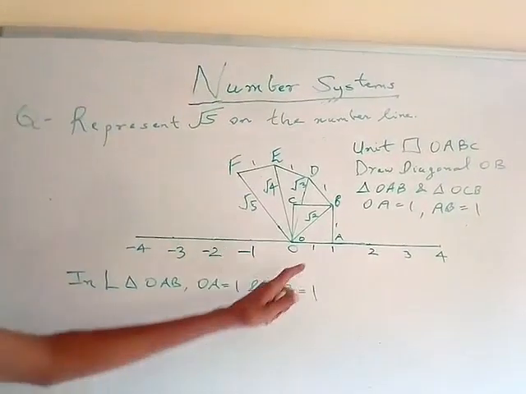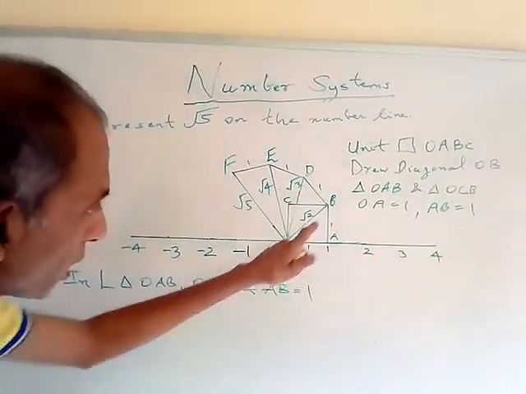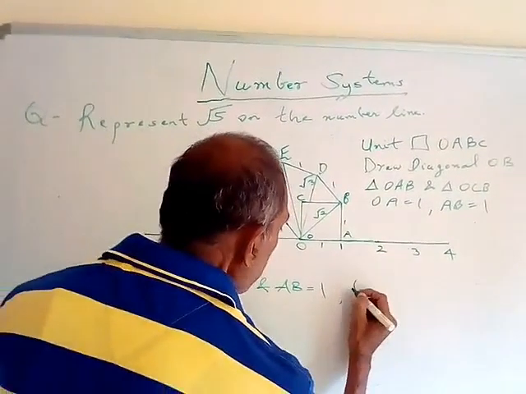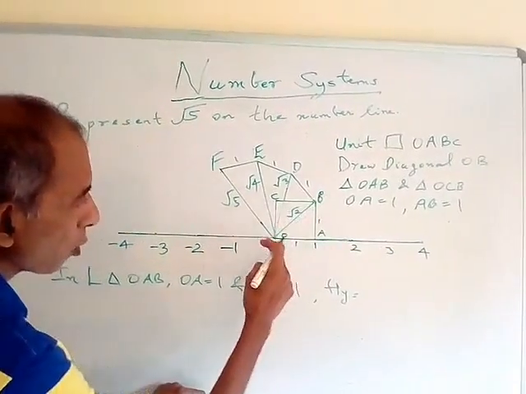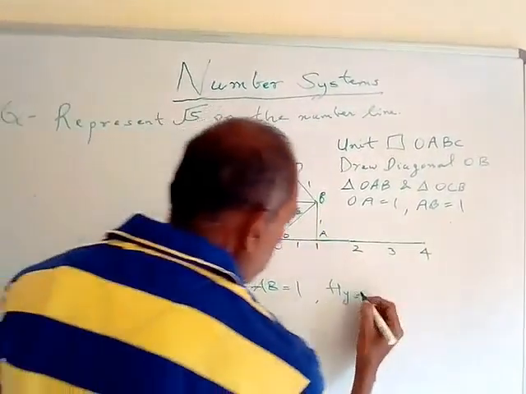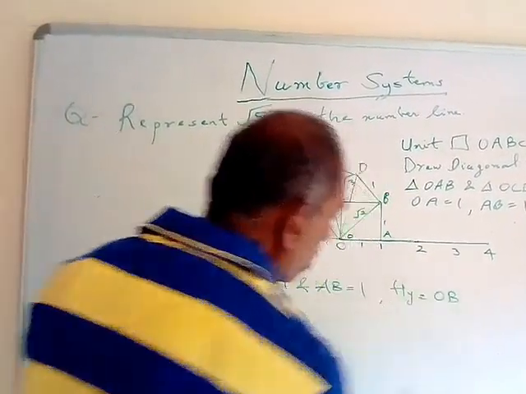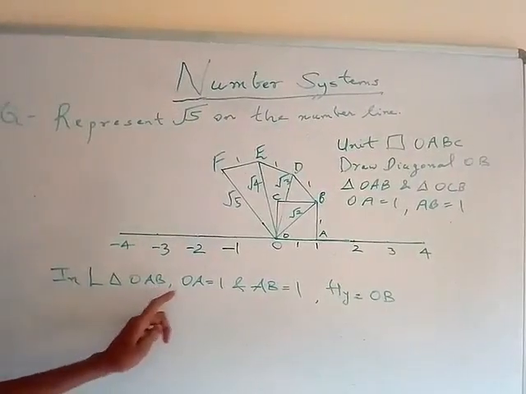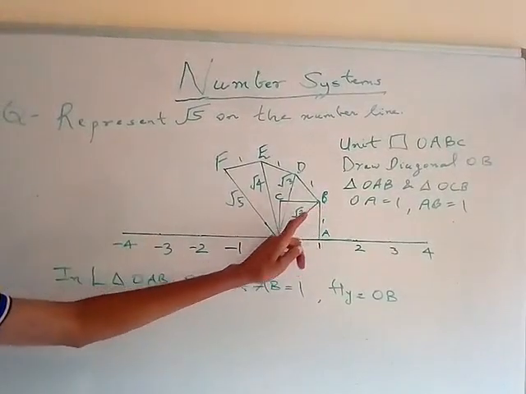What is the Pythagoras theorem? Side square plus side square is equal to hypotenuse square. Here the hypotenuse is OB. So in the right angle triangle OAB, OA is equal to 1, AB is equal to 1.